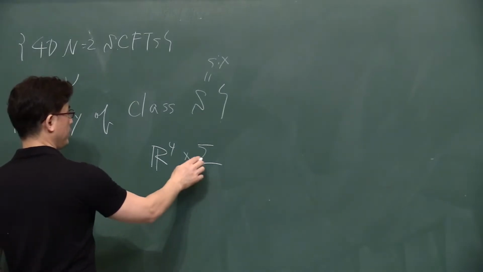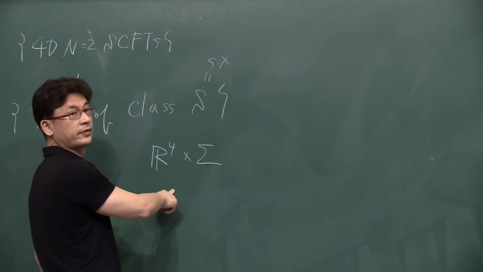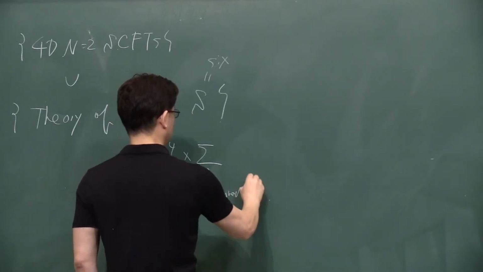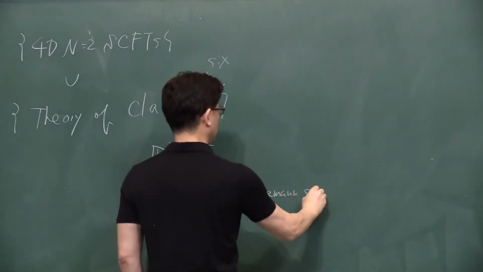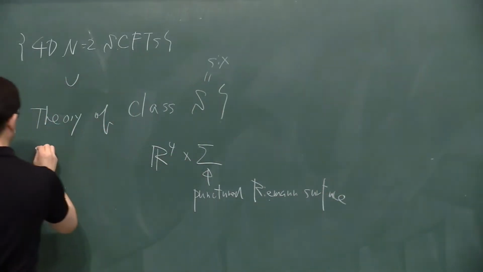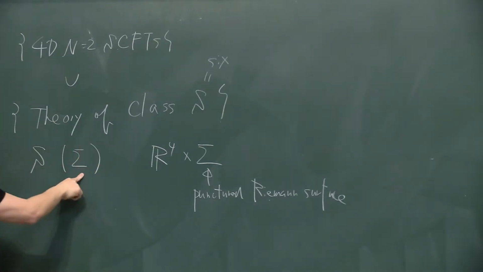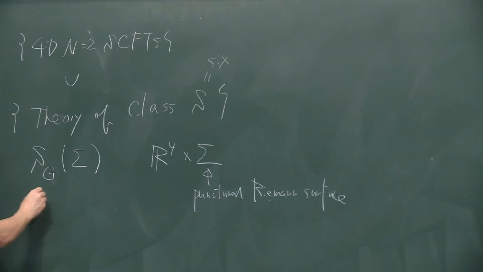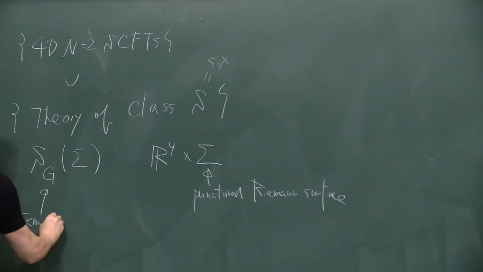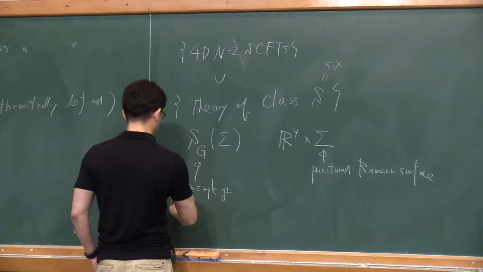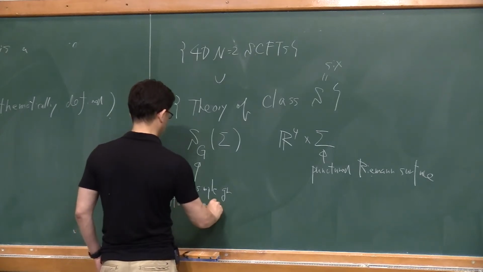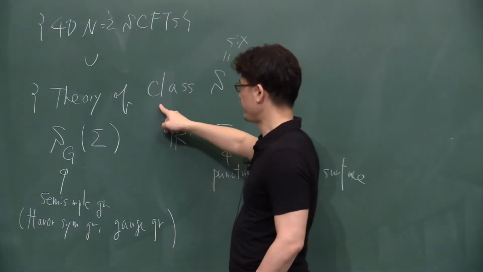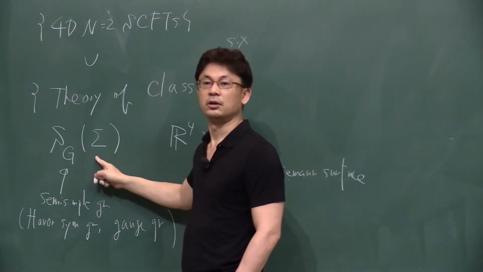Then you fix this Riemann surface and get a 4-dimensional theory. This Riemann surface is usually punctured, so the resulting 4D theory has this punctured Riemann surface as a parameter. It also has a semi-simple group as a parameter, called a flavor symmetry group, or a gauge group. So we have a family of theories parameterized by a semi-simple group and a punctured Riemann surface.